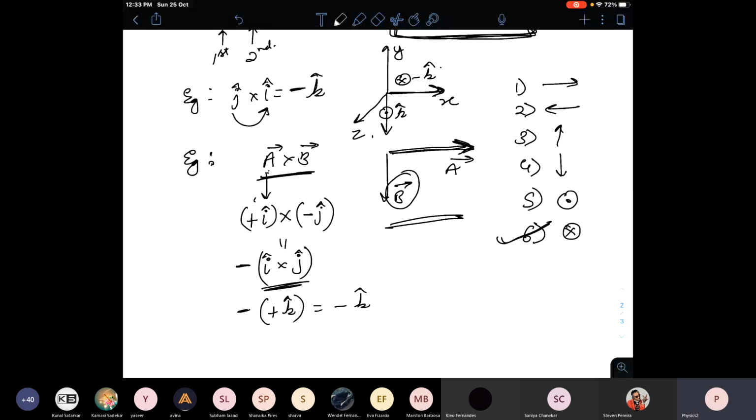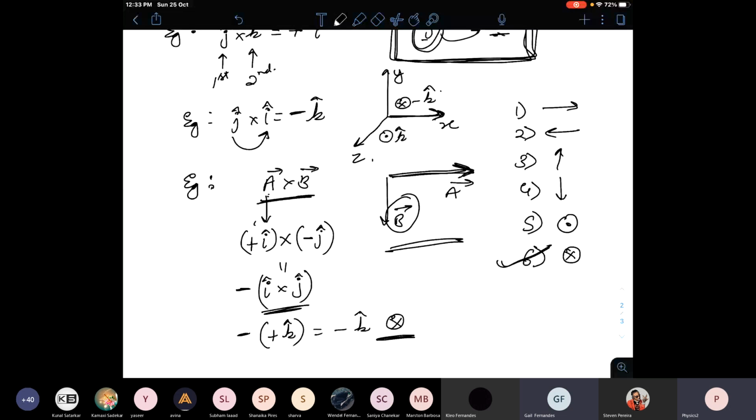Okay, just see, you have to understand that dot product and cross product are only applicable for vectors. Okay, positive sign, negative sign, scalars all are multiplied by scalar multiplication as normal.